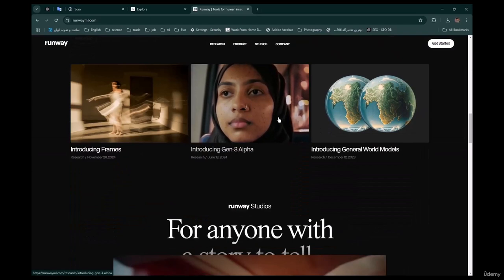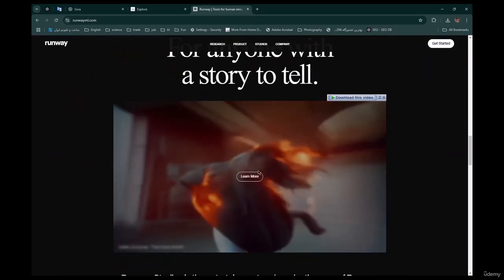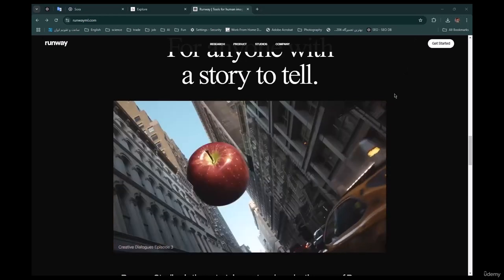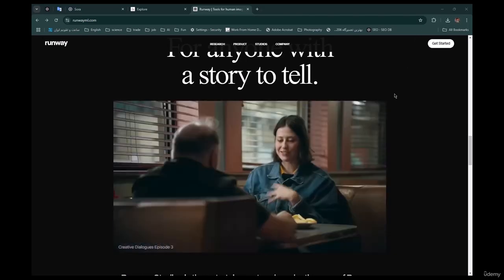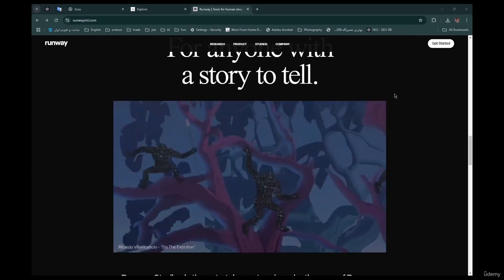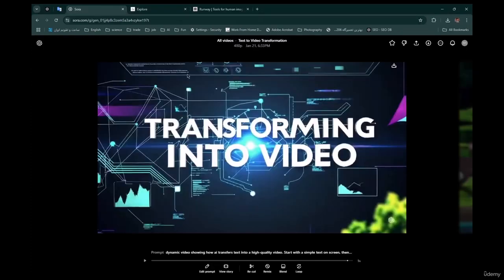Let's see an example in this AI. These are examples from Runway, which is also able to transform a text into a video. But in this course, we're going to focus on Sora, how to write prompts, what its abilities are, and such things.